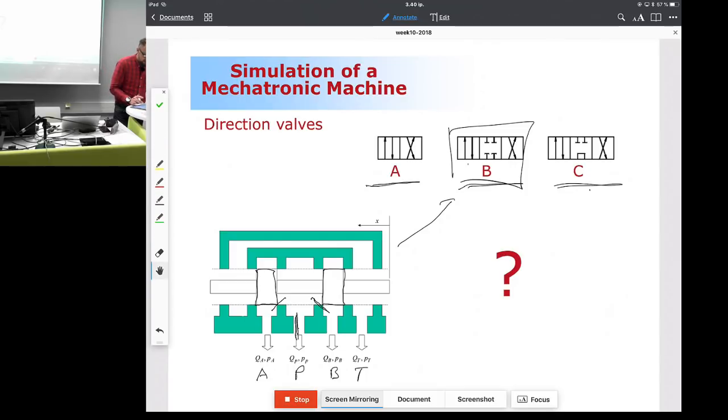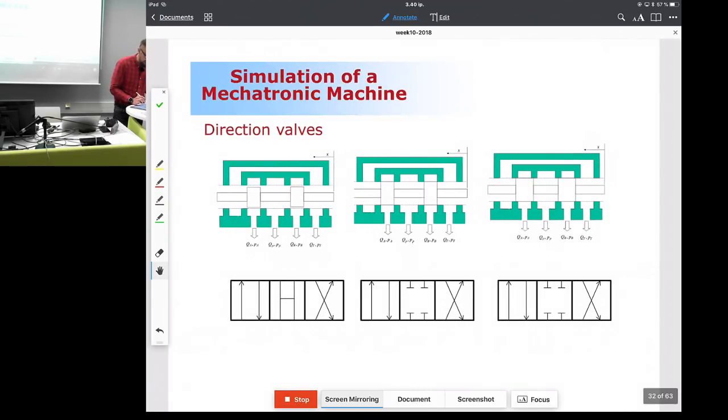But there's a possibility to play with the lands, so it's possible that you can have lands that are a little shorter than the drillings. That means that even in a middle position, all the ports are connected because it's not able to close the ports, but instead they are open all the time. So this is the one you get by using a land that is smaller than the drillings.